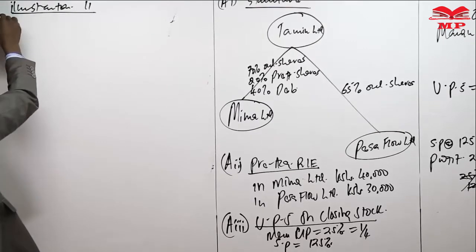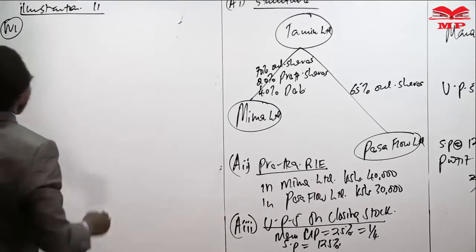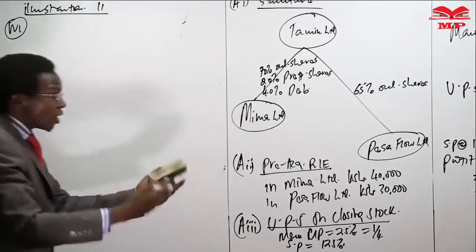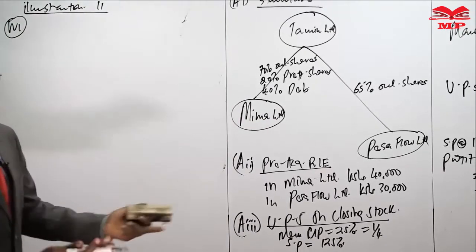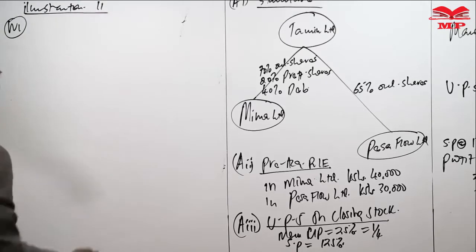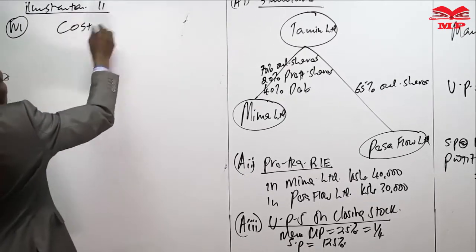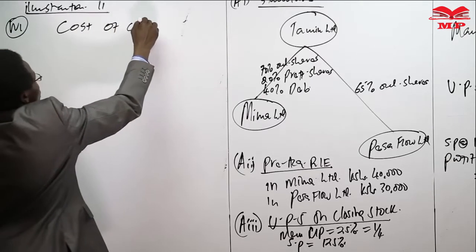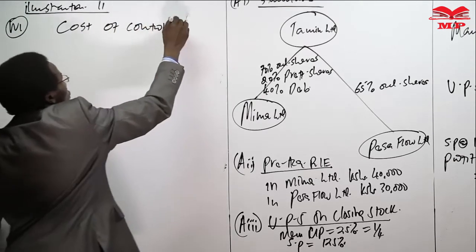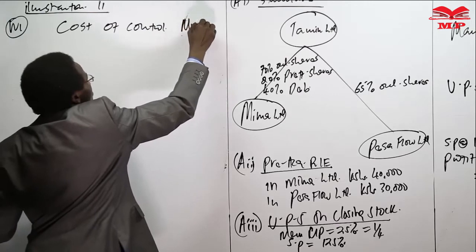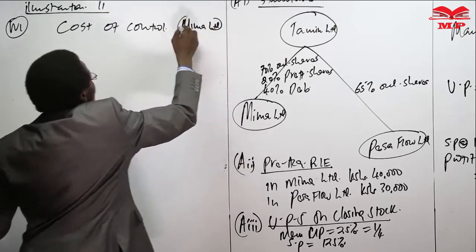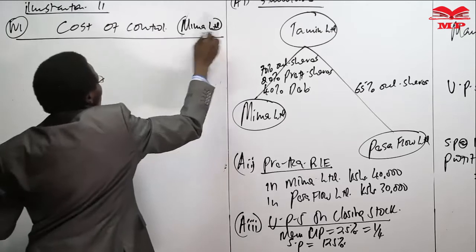Working number 1 was just analysis, trying to go through the notes and see what is required of us. So in working number 1, we need to determine our goodwill. We open the cost of control, the cost of control for Mima Limited. We'll have a cost of control for that.